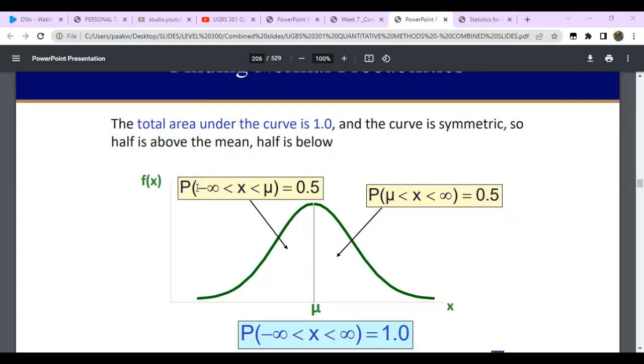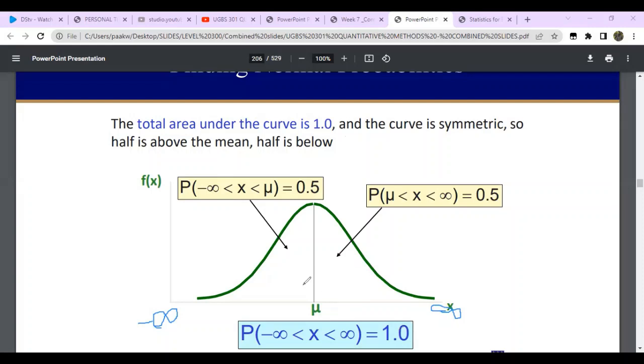So the probability from negative infinity up to the mu is half of the area. The total is 1 divided by 2, you get half. And from the mu to the positive infinity, that area is also half.